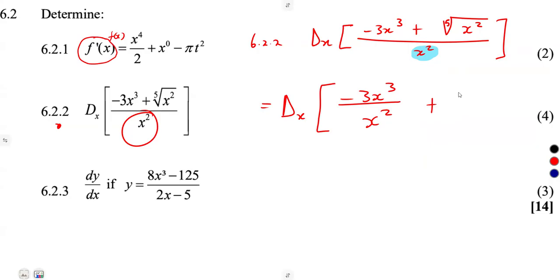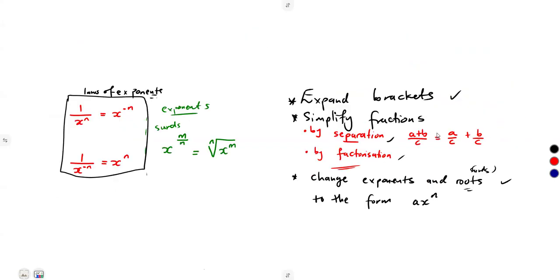So that's plus the fifth root of x squared over the denominator x squared. Thus, you are supposed to separate the terms by separation, a over c plus b over c.